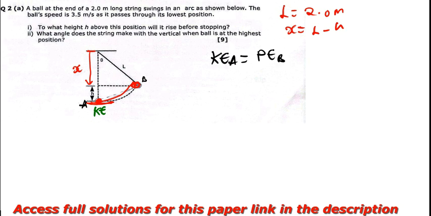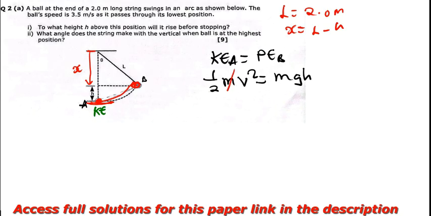Conservation of energy is that energy cannot be created and it cannot be destroyed, but it can be converted from one state to another. So the energy which we have here, when it reaches point B, is going to be converted to potential energy. So I'll say half m v squared is equal to m g h.